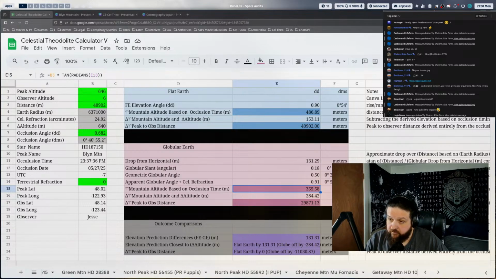Are you saying that the time that Stellarium will give you for that star to be at that azimuth is going to be different than what you actually measure?